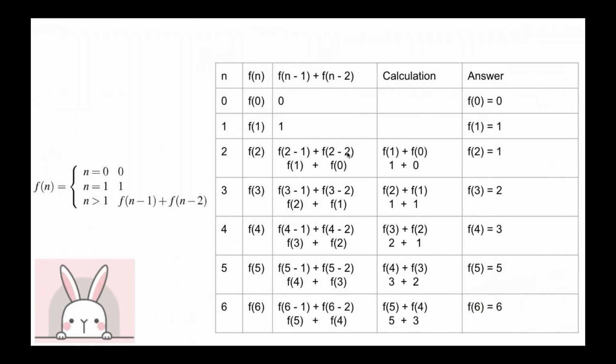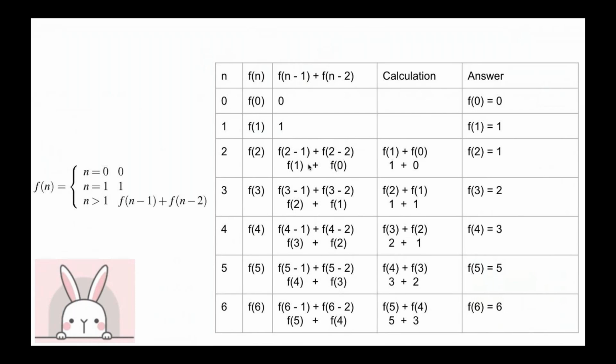I know, words and math, right? But you just need to remember your simple math and solve what's inside the parentheses. So f of 2 minus 1 becomes f of 1 because 2 minus 1 is 1. And then this side, f of 2 minus 2 becomes f of 0.